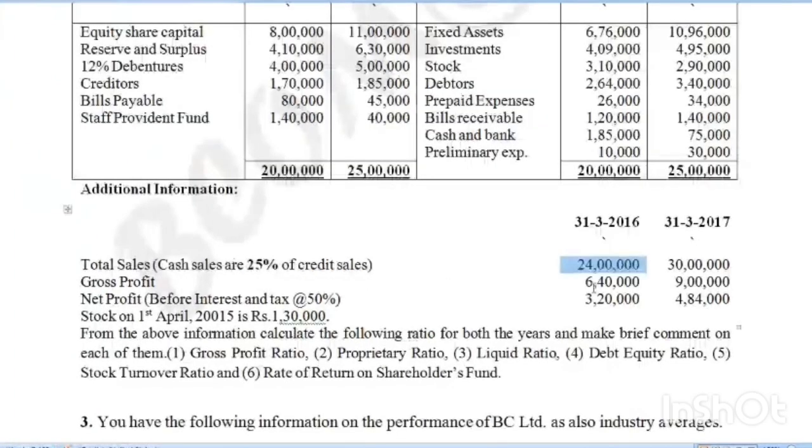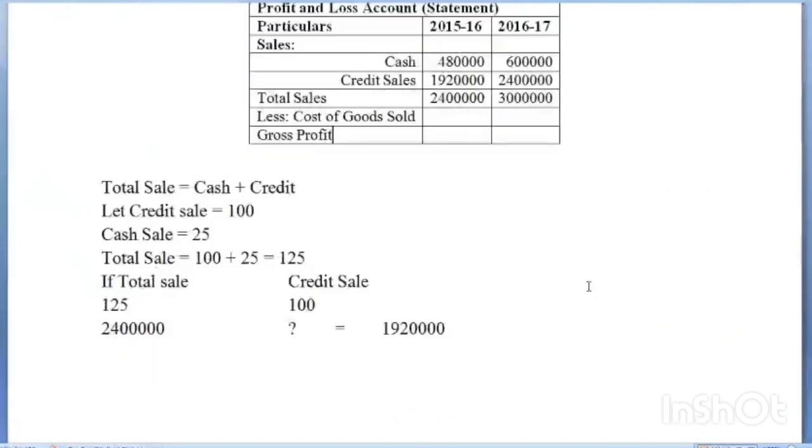Gross profit is 6,40,000 and 9 lakh. Then what is COGS? Here, if you subtract 6,40,000 from 24 lakh, it is 17,60,000. This is your COGS.